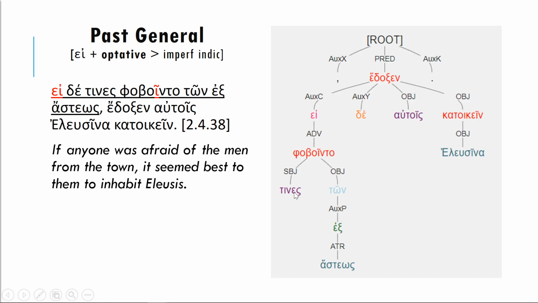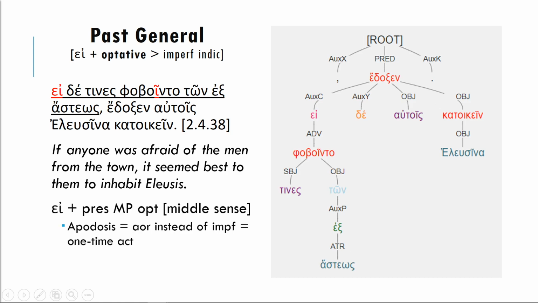If anyone was afraid, if certain men were afraid of those in the city, then it was a good idea to inhabit Eleusis. So anyone, whoever might, in case someone is there who is afraid. It gives us that sense of indefinite, anyone at all. It's not these certain people.